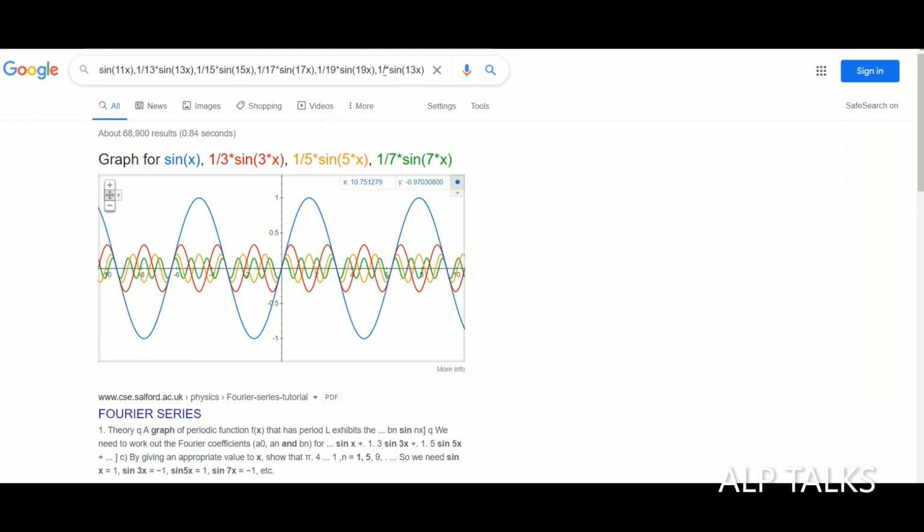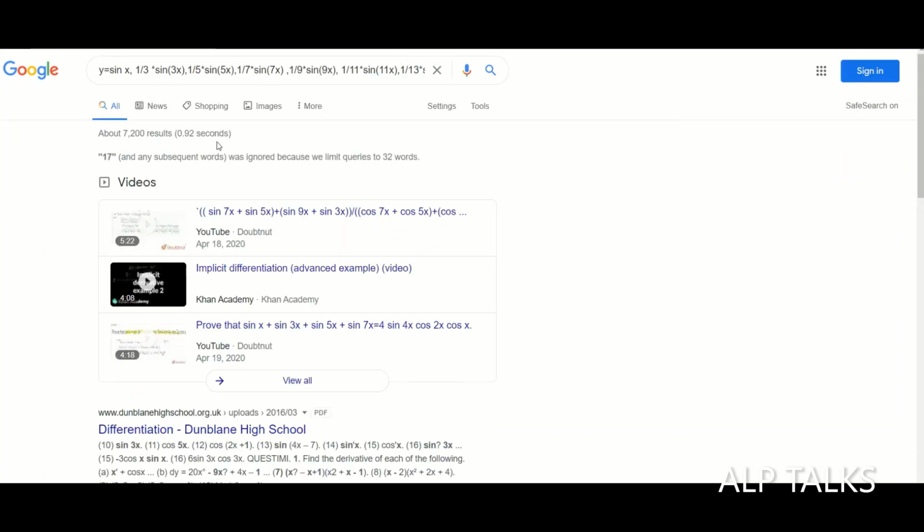Now the 21st harmonic, which will have 1/21st magnitude. Up to the 25th harmonic generally people will consider, because up to that the magnitude has an impact. After that we can ignore the effect of other harmonics, because they have very little magnitude.